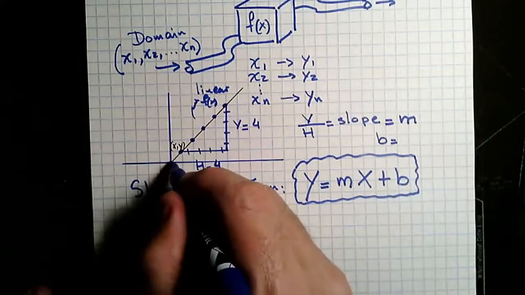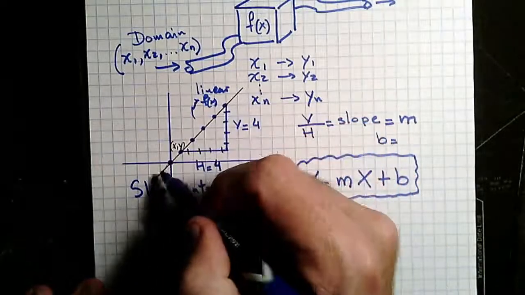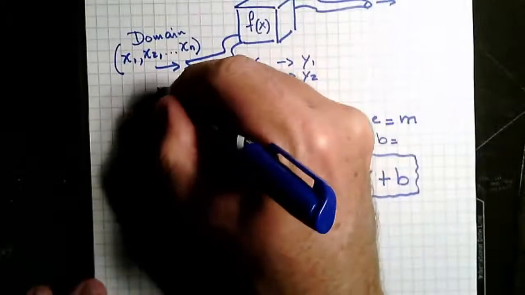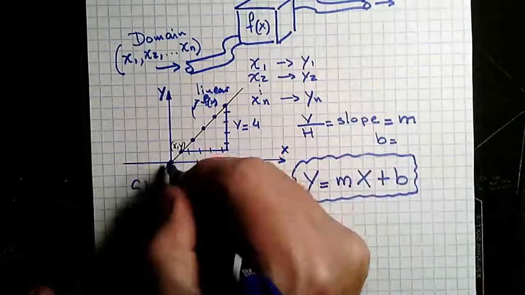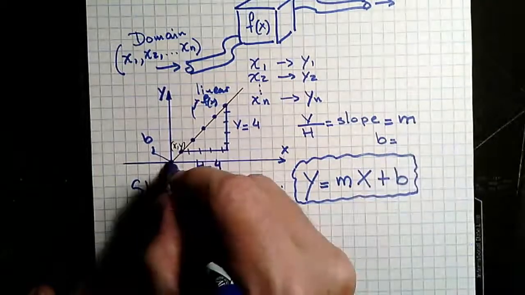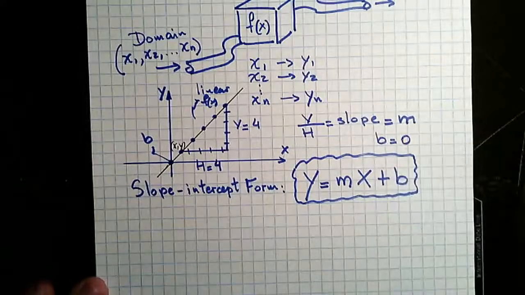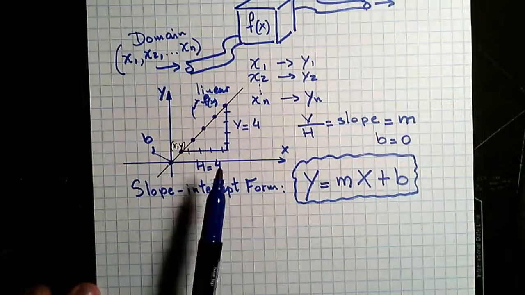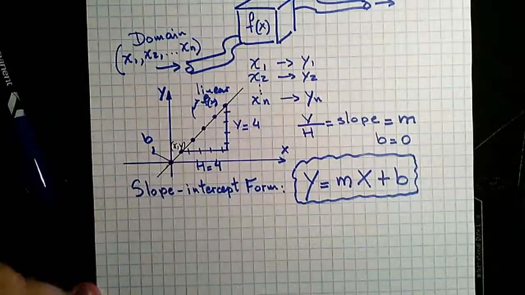The y-intercept is the point where the line cuts my y-axis. This is the x-axis. So this point is called b. So b in this situation is nothing more than 0.